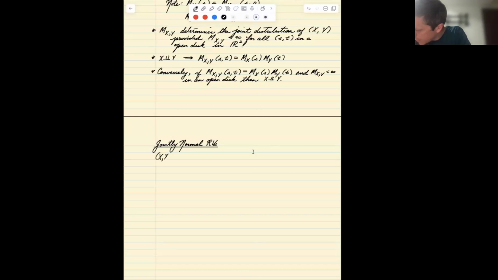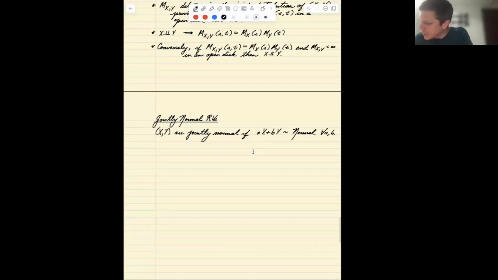X and Y are jointly normal if aX plus bY is normal for all values of a and b. Okay, so in this case, suppose X and Y are jointly normal.